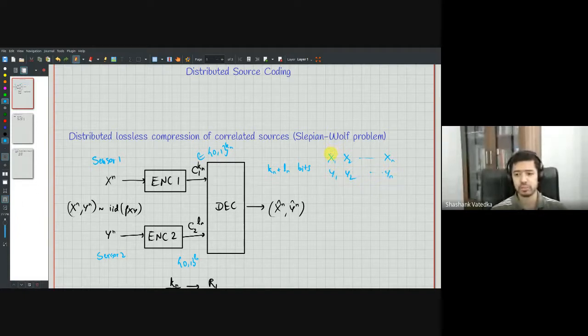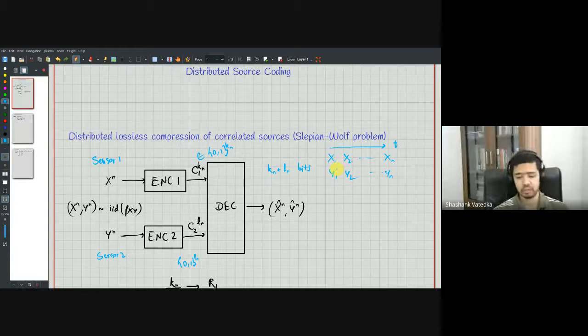You can think of x1 and y1 as measurements taken at different locations, so these are spatially apart. And you can assume that x1, x2 up to xn are taken across time. So this could be a temporal dimension versus a spatial dimension. That's one way to think about it.